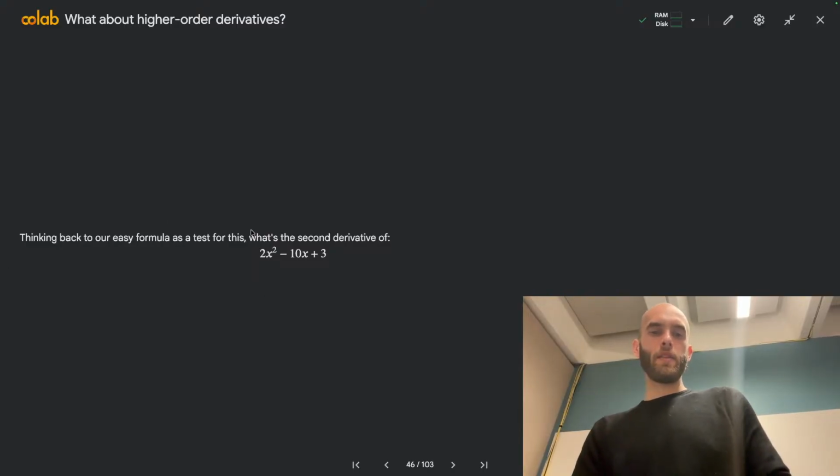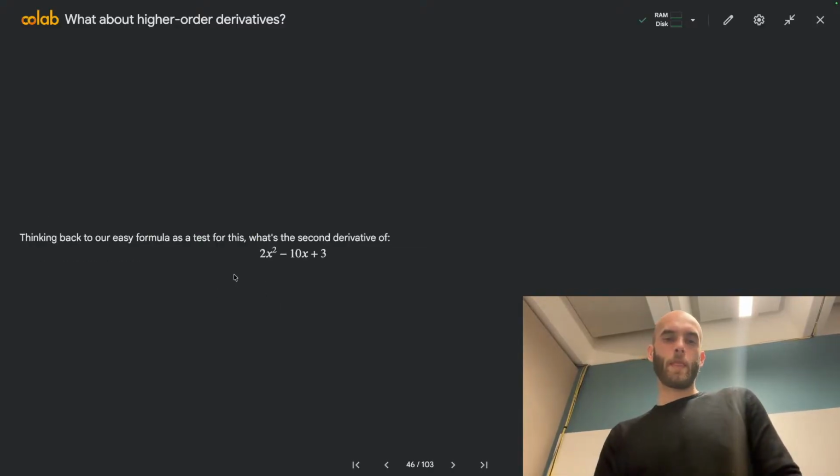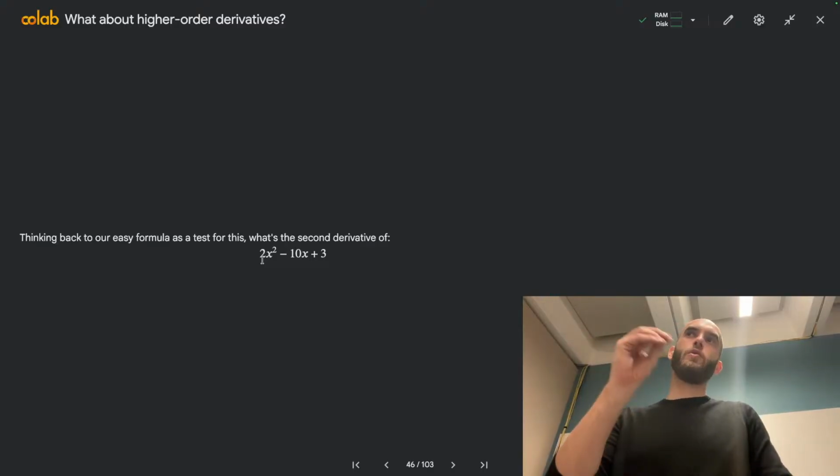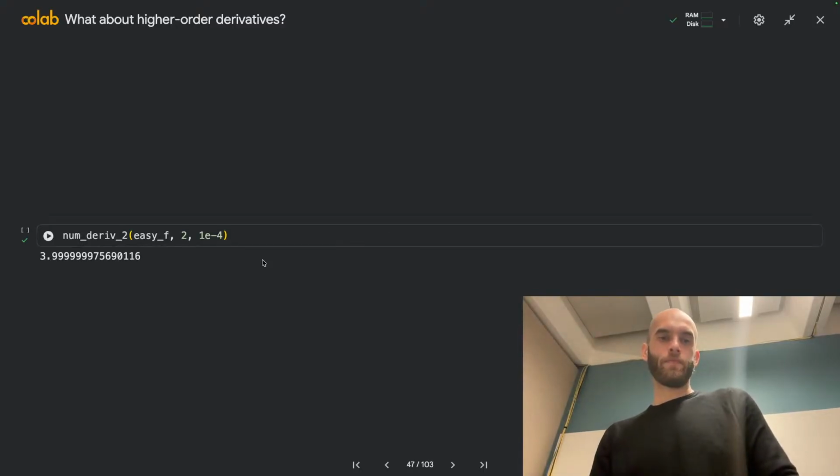So the second derivative of this thing, you can probably see where this is going. Both of these things will drop out, and all we're left with is the double derivative of 2x squared. So it's 2 times 2 times 1. So it should be really, really close to 4.